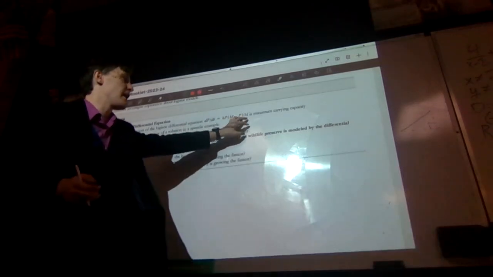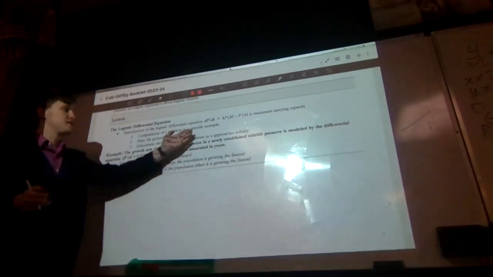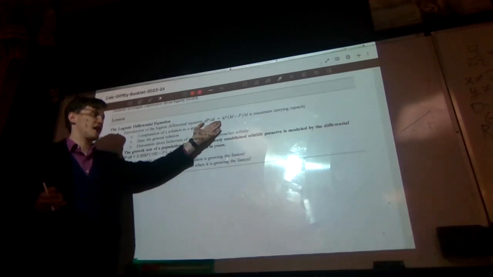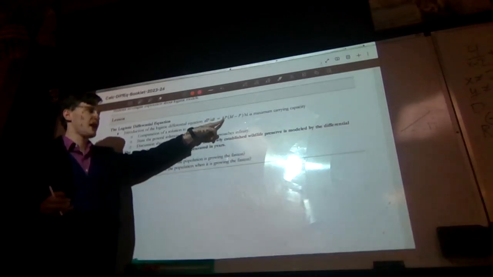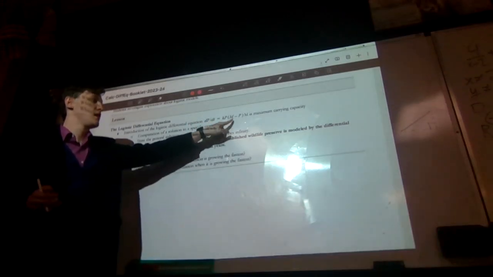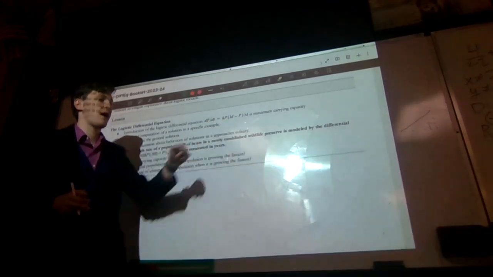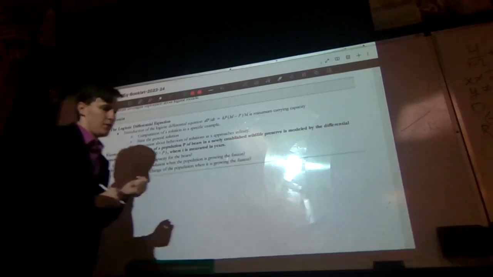Because there's a maximum capacity that they have, usually involving space or resources, food like that. That is what our M stands for. So we have dP over dt, the change in population over the change in time, is equal to some constant k times the population times the maximum carrying capacity minus the population, M minus P.